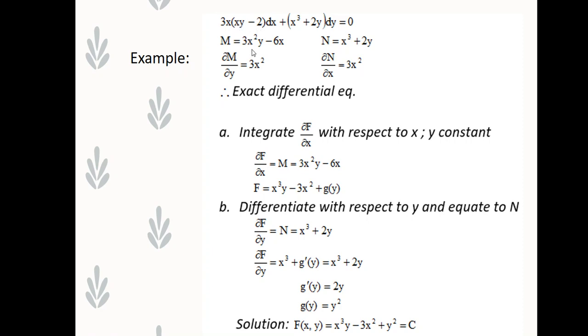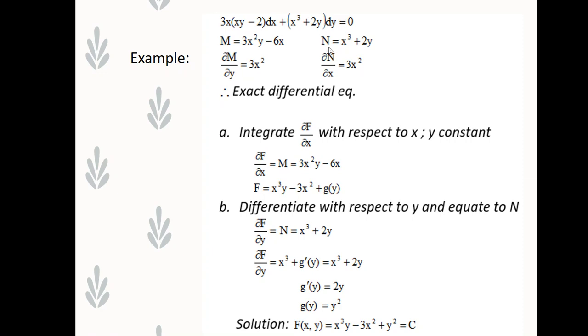Then, just like what we did in the first example, you need first to establish that your DE is exact. So, find the partial derivative of m with respect to y considering x constant. So, the derivative of 6x will be 0, and this 3x squared, which is all considered a constant, will be the partial derivative of m with respect to y.